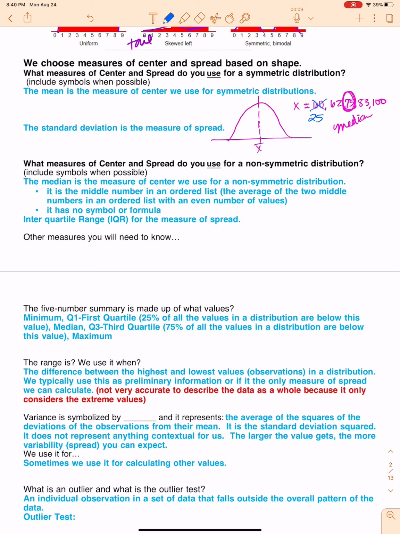No, the median will not change because the median has to do with position of number, not calculating the average. So when you have a nice symmetric set of data like you have right here, then the mean and median are roughly the same.